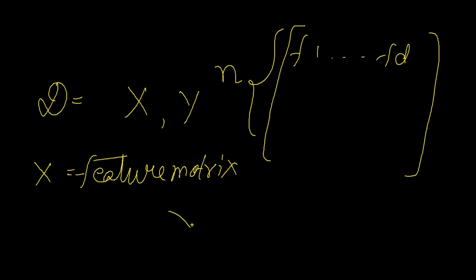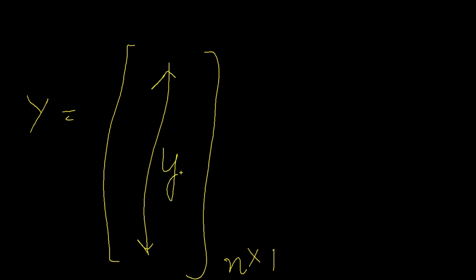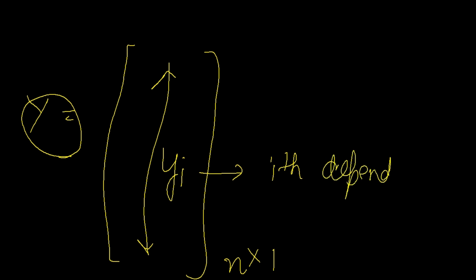So the size of X is n cross d. The other one, Y, is the last part, the dependent vector. It has n rows and one column. Each entry is called yi, where yi denotes the ith dependent value.